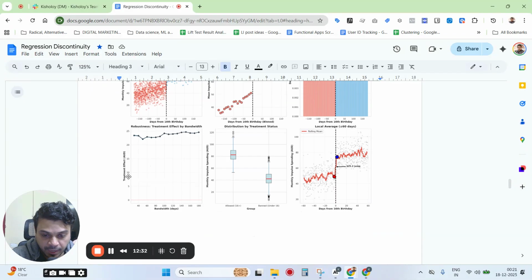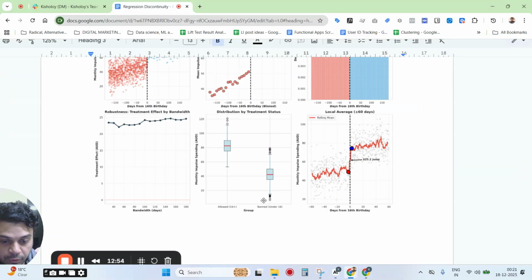And then there's also this bandwidth plot, which shows that it should be fairly continuous with no special departures from the trend, averaging around that 23 mark, as you can see from the y-axis. This is a very similar thing, but in the form of a box plot showing the distribution.